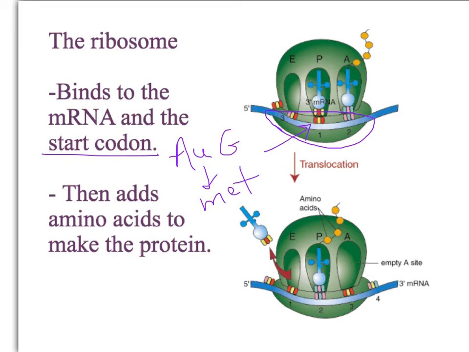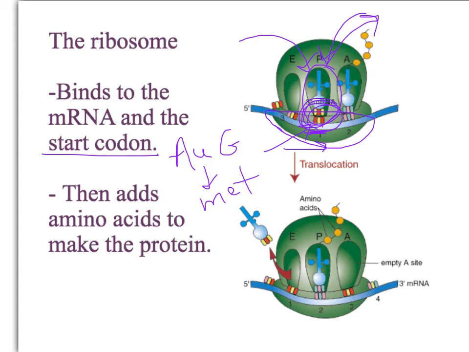So here is our start codon, or actually you could say the pocket that contains our start codon, and the tRNAs are going to pop in and out until one actually will complementary base pair with that codon, and once it does, then it knows that it's a proper fit, and then the ribosome will move over.